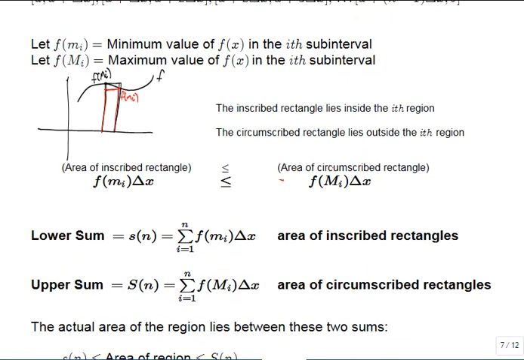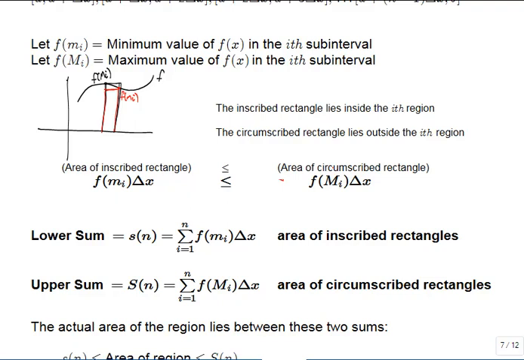And what we can conclude from that is we're going to call the lower sum, little s sub n, the sum of all of these inscribed rectangles. And we're going to call the upper sum, capital S sub n, the area of all these circumscribed rectangles. So the lower sum are all the rectangles that are slightly lower than the curve, and the upper sum are going to be all the rectangles that are slightly above the curve.